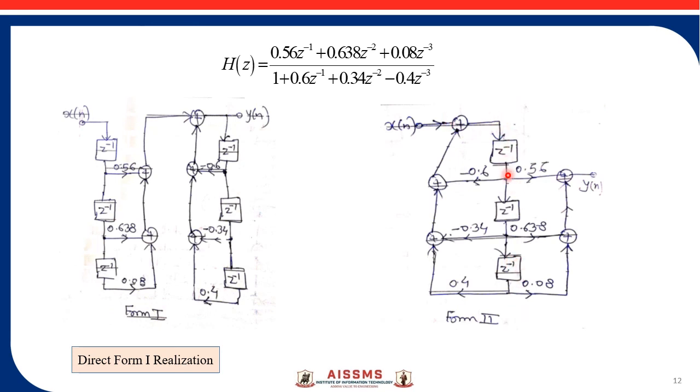These poles we realize first: minus 0.6, minus 0.34 and 0.4. I draw these poles first and add all these terms. Then for the zeros in the feed forward path, the coefficients are 0.56, 0.638 and 0.08. So we realize the zeros afterwards, and add all these terms so that you get the output y of n. So this is the direct form 2 realization.